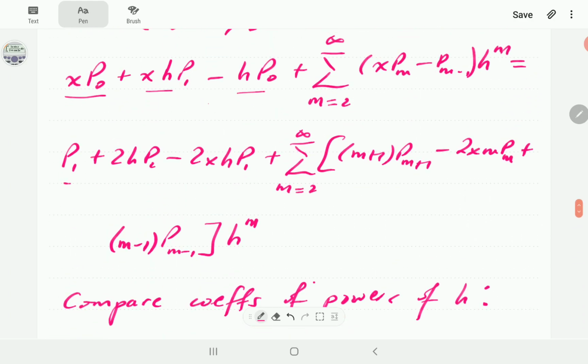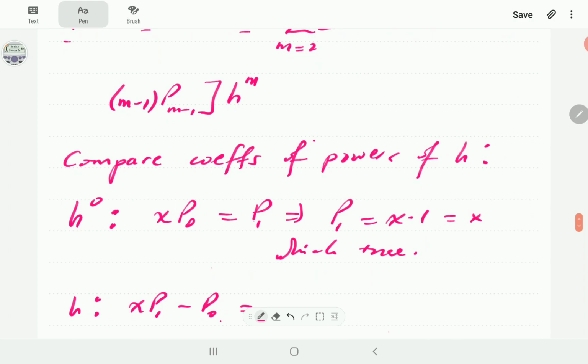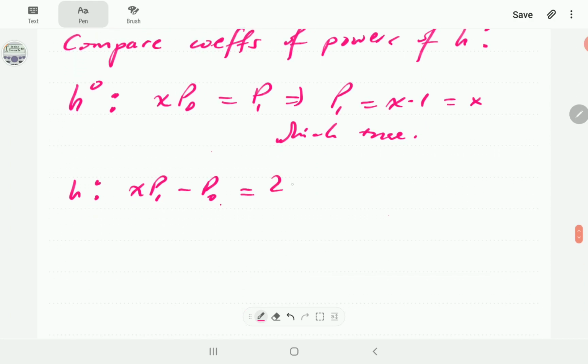The right hand side we're going to have 2p_2 minus 2x p_1.